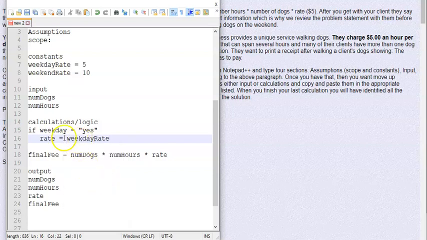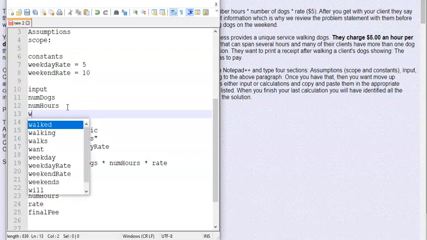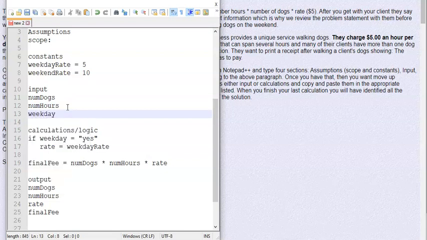Right? That makes sense. If they say yes to weekday, now where am I going to get the yes and no? Of course, that has to be an input. So weekday is going to be an input, and then I'm going to put parentheses out here. Whenever we know what we want the person to type in, we're going to place it in parentheses just to remind us. So we want them to type in yes, not capital yes, but small yes.